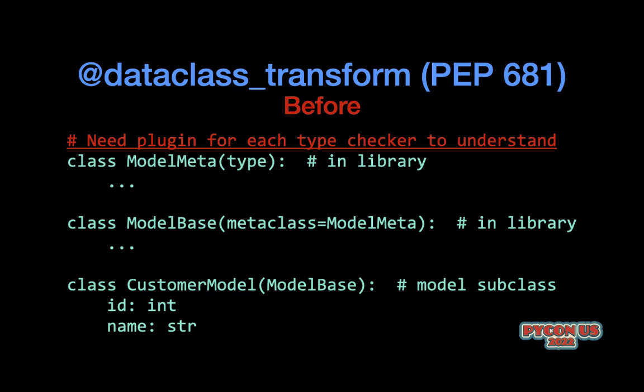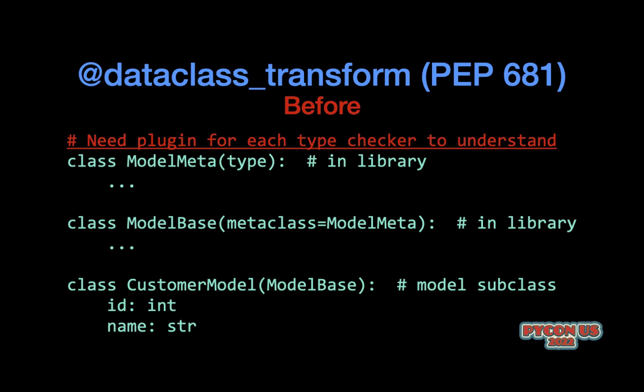dataclass_transform. This one's interesting. There are a number of libraries that define data class-like model classes of various kinds. attrs is an old one, Pydantic is a newer one, but there are many of these libraries that define classes that act like the built-in dataclass.